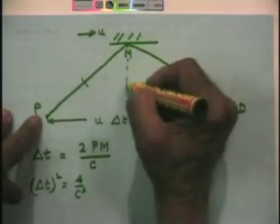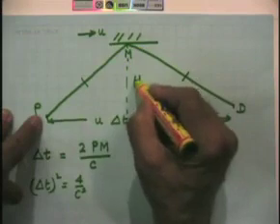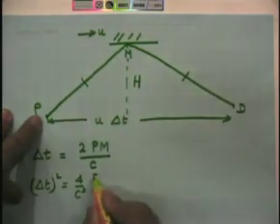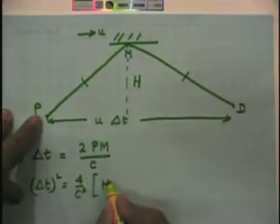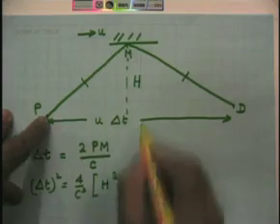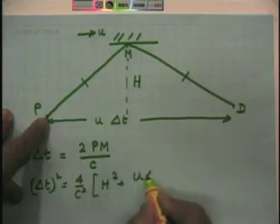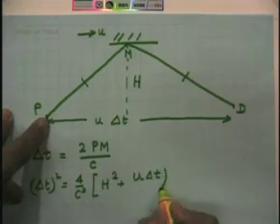Now, PM square will be, this is h, so PM square will be h square plus (u delta t by 2) whole square.